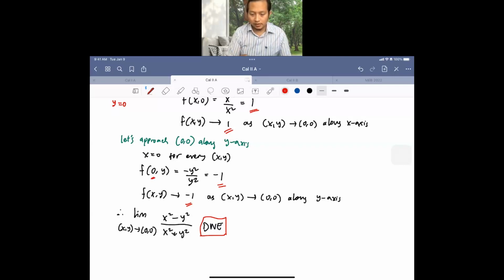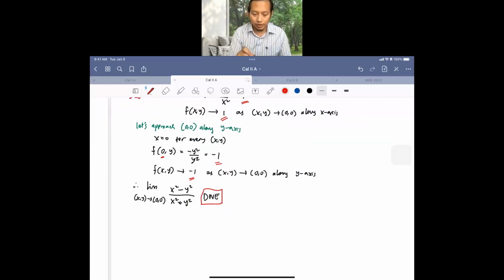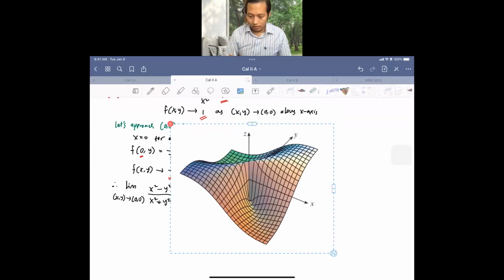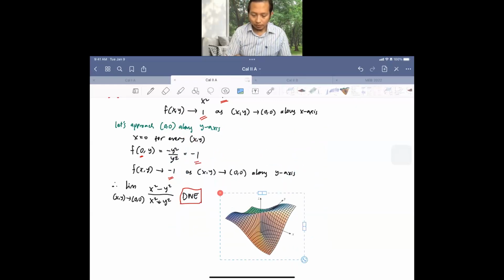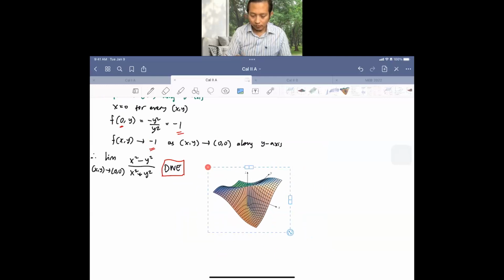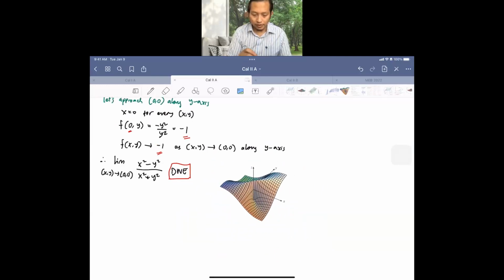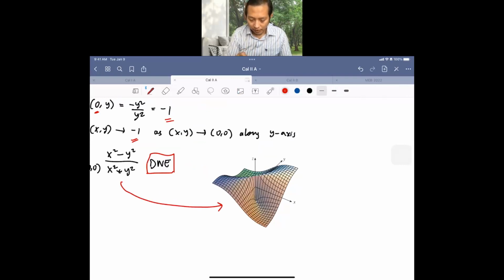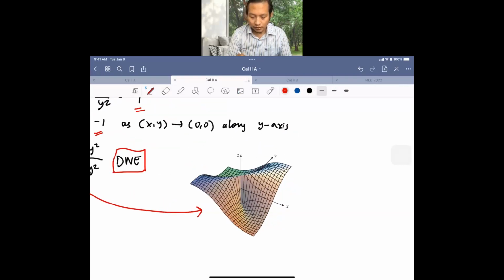Okay, that's the definition. And if we look at the graph of our function, you see that there is some notion at the origin, this part. You will see that it bounces back.